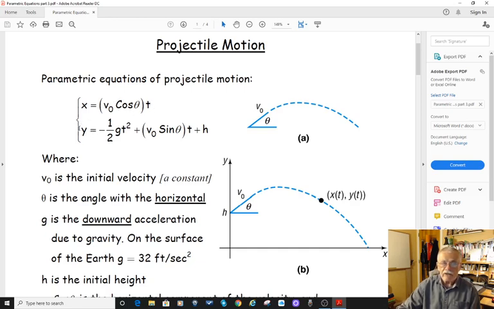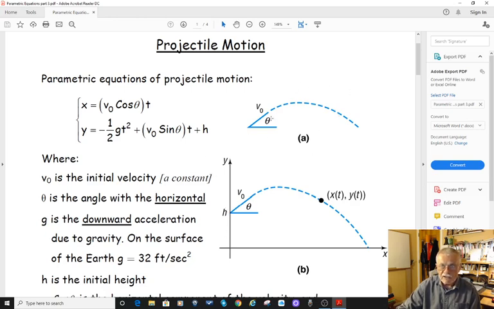And the vertical component, or the vertical height, is based on three items. Let's talk about these step by step. First, we have the initial height that the object was tossed, thrown, or fired from. Whether it's a bullet, a bow and arrow, a spear, a baseball or a golf ball, if the initial height is h, we have to add that.